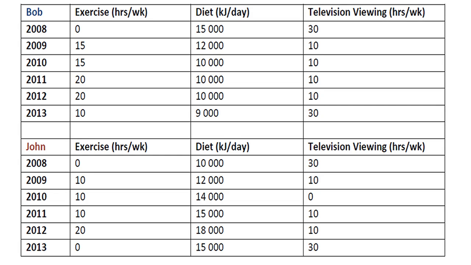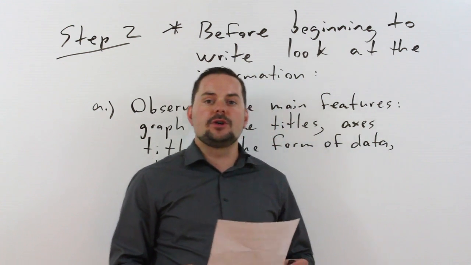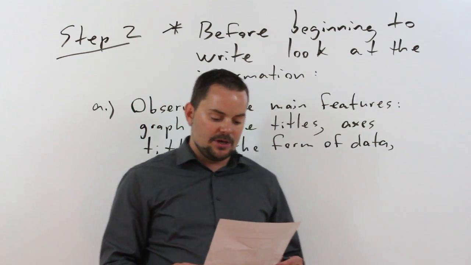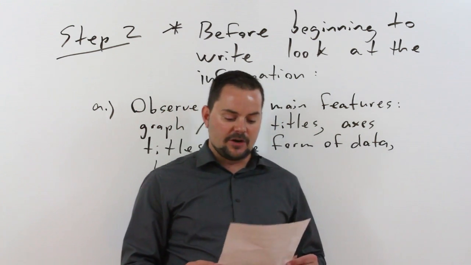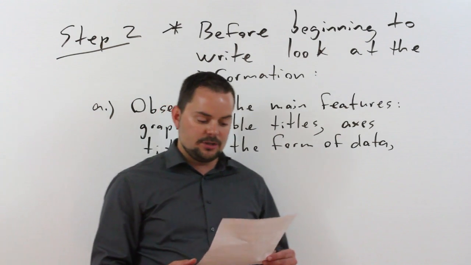We can see that the table is divided into 2 halves, Bob and John. The first column shows their names and their years, 2008 to 2013. We make the connection that these are the same years as the years shown in the line graph. It's very important to recognize this connection.